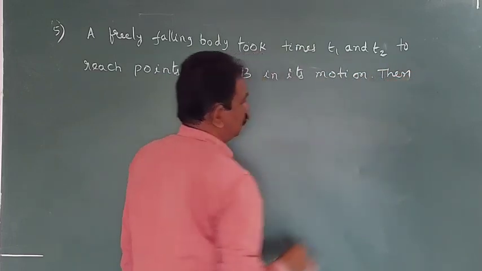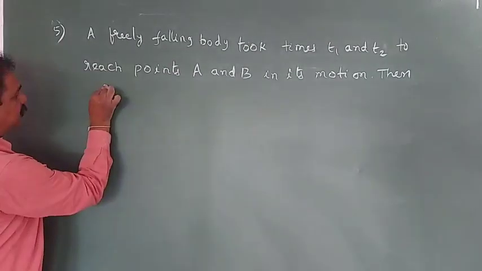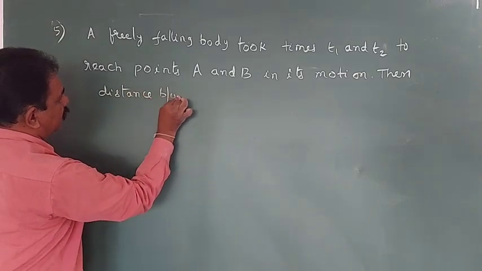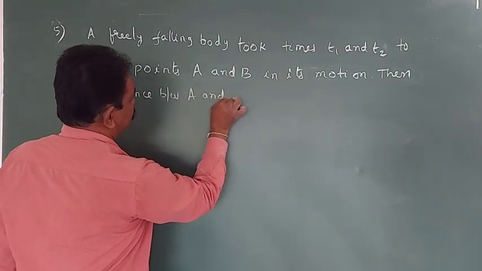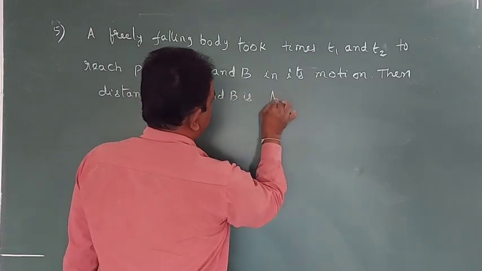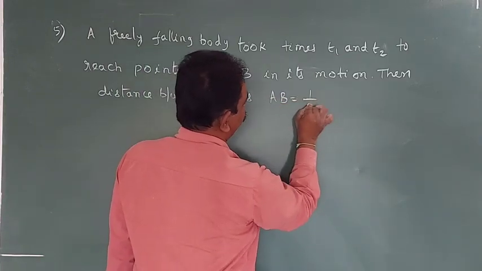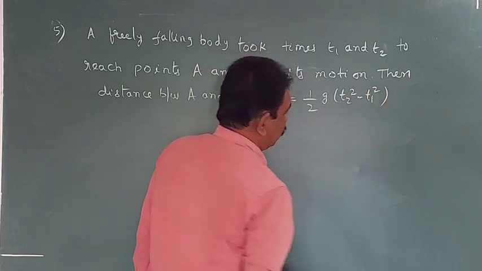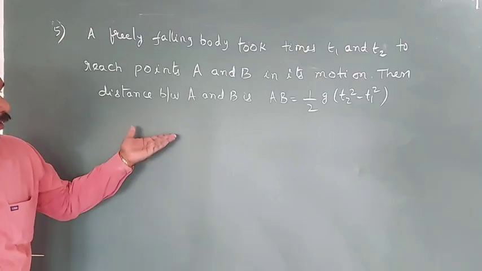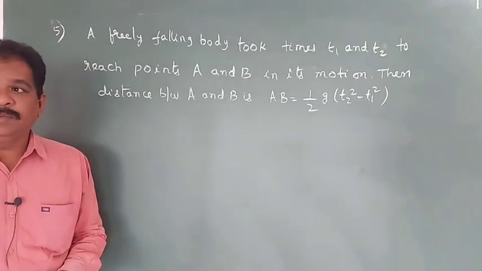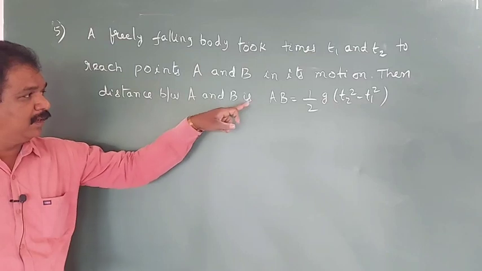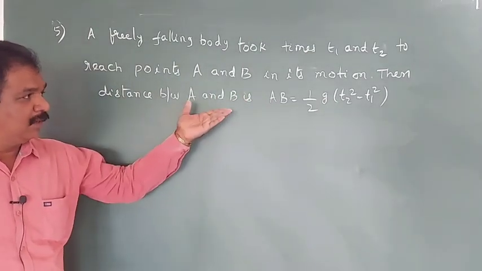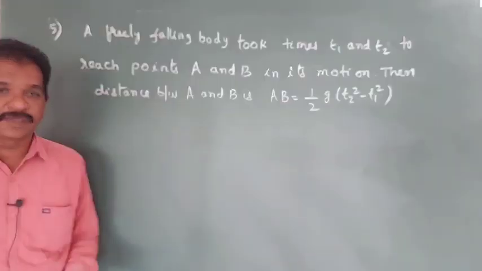Then the distance between A and B is AB equals 1 by 2 G into (T2 square minus T1 square). Distance between A and B, AB is equal to 1 by 2 into G into (T2 square minus T1 square). This is the shortcut.